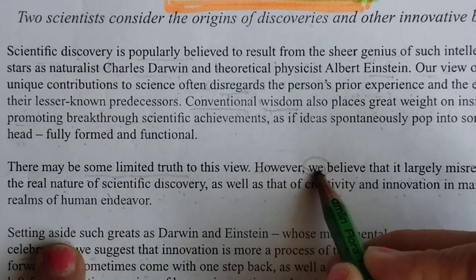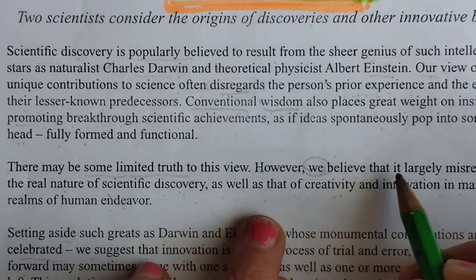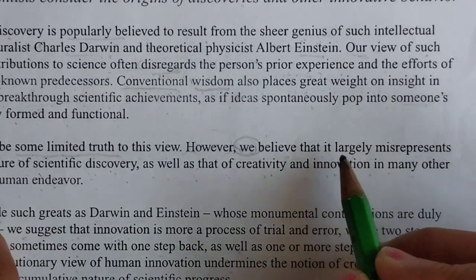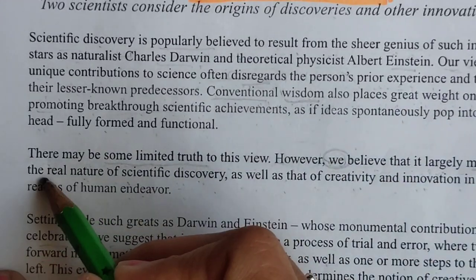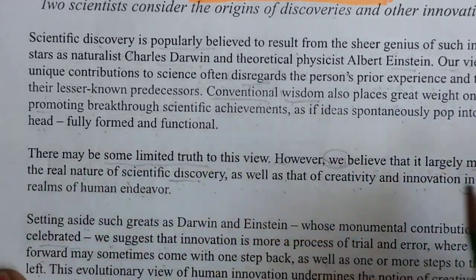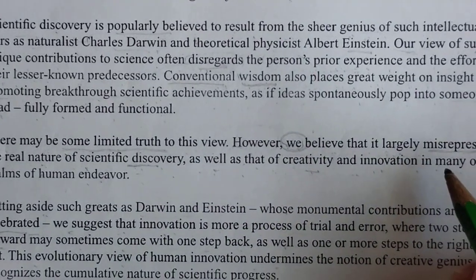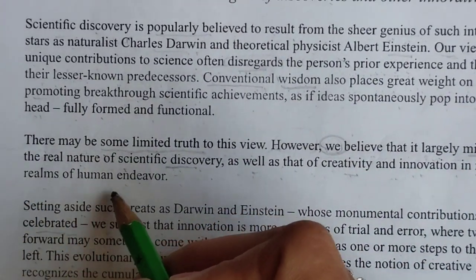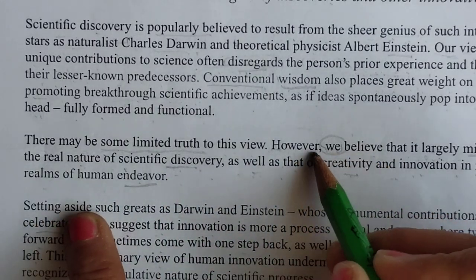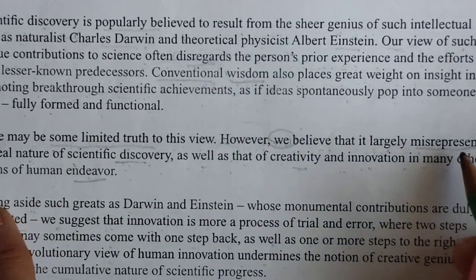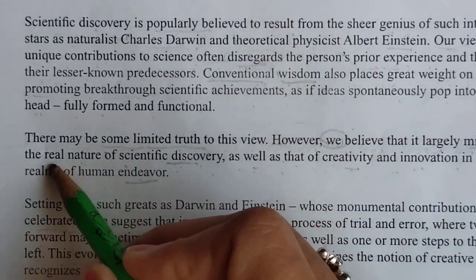However, we believe, we means writers, that it largely misrepresents the real nature of scientific discovery, as well as that of creativity and innovation in many other realms of human endeavor.